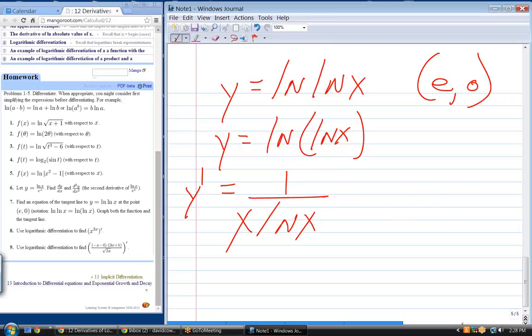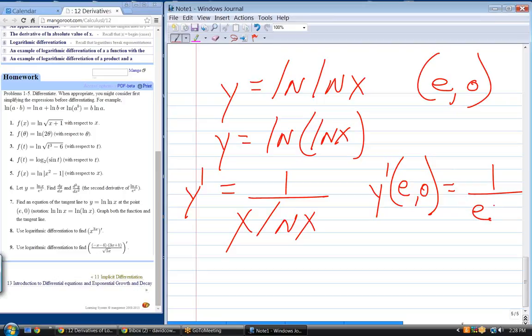Now we need to evaluate that at this point, e comma 0. So y prime of e comma 0 is, well, we don't have a y, so we need to substitute x for e.